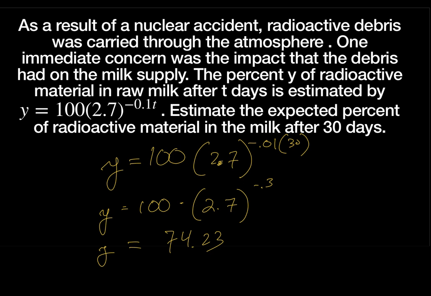Did anybody get the same number? Yeah. Good. And it's a percent, so I'm going to write percent. That's what the times 100 means. So after 30 days, it's estimated that 74.3% radioactive material will still be in the milk. So probably not a good thing to have radioactivity in your milk.